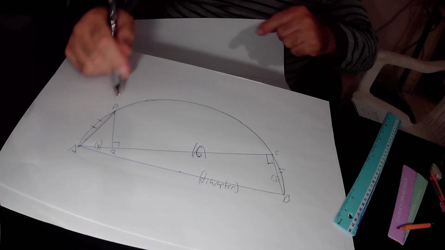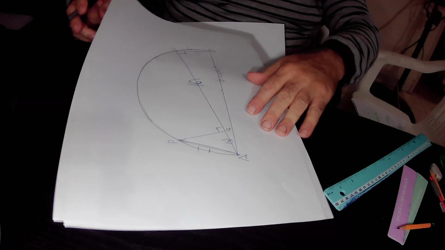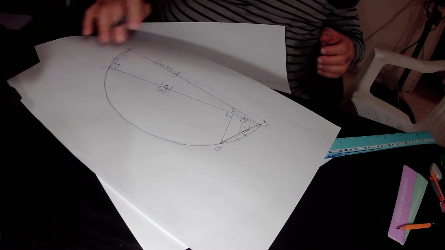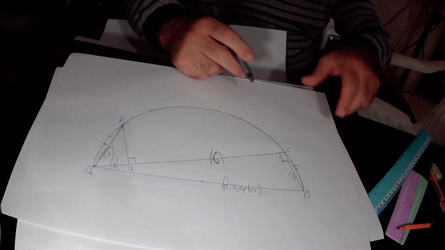Moving on from rule 56. In the next step, we will join points P and C together by a straight line.